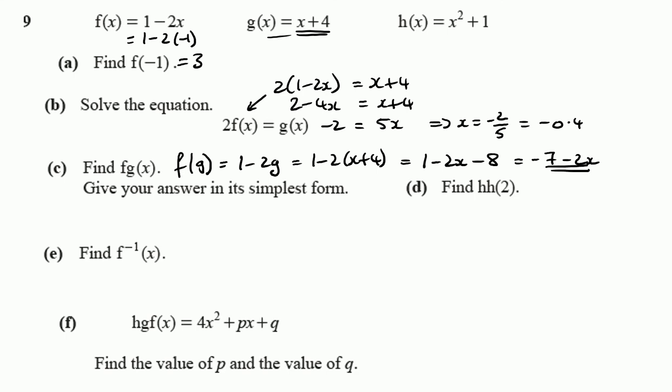Now here we've got a question asking us to find h(h(2)). Let's start off by finding h(h(x)), which is h of h. This is h squared plus 1. If h of x is x squared plus 1, then h of h is h squared plus 1.